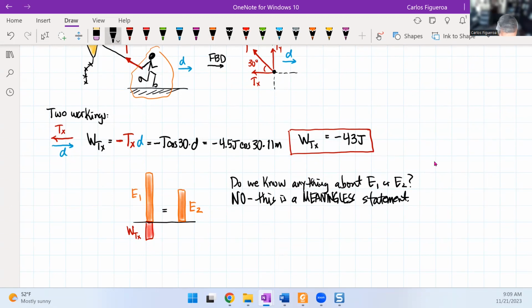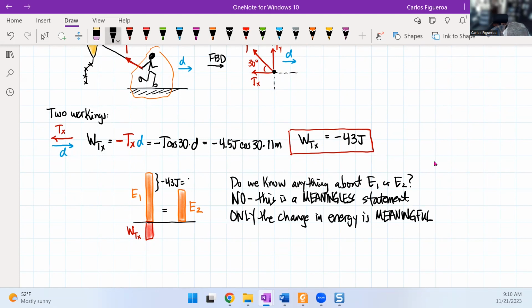E2 by itself is meaningless. What is meaningful is the change in energy. Only the change in energy is meaningful. Only the change in energy. And this is the only thing that matters.